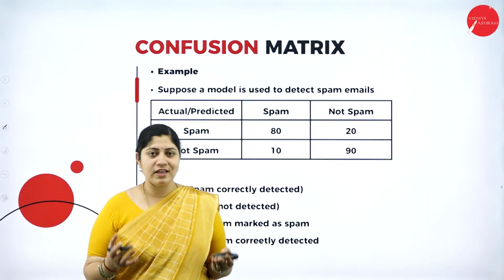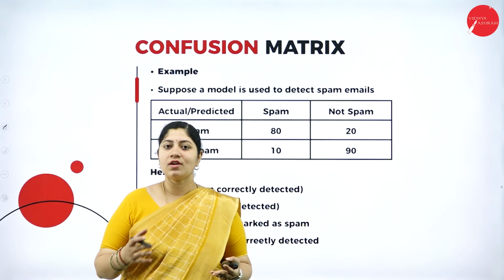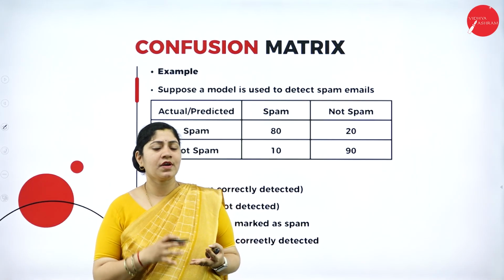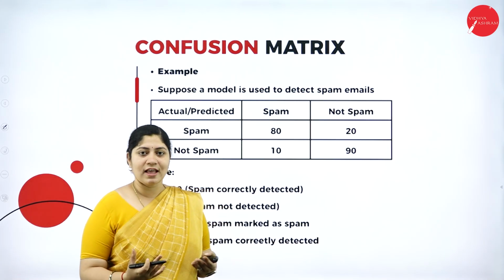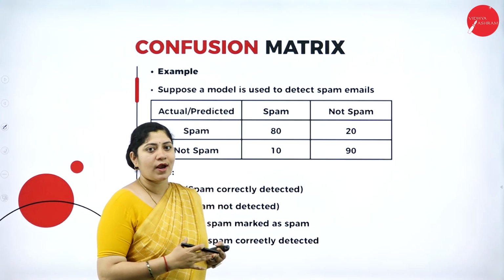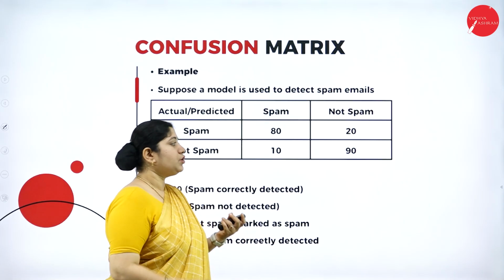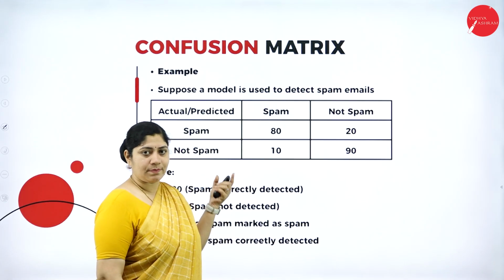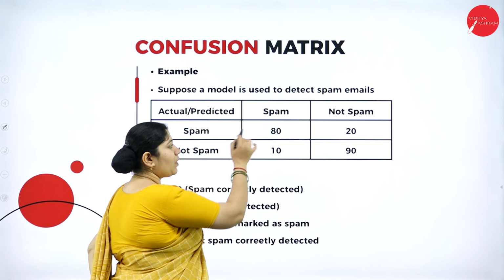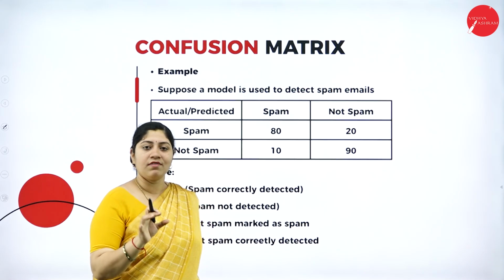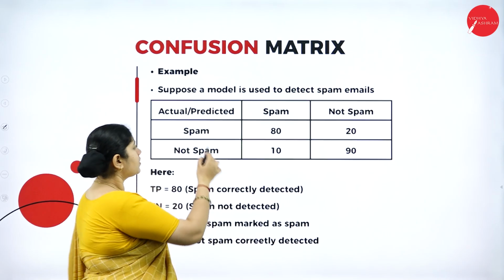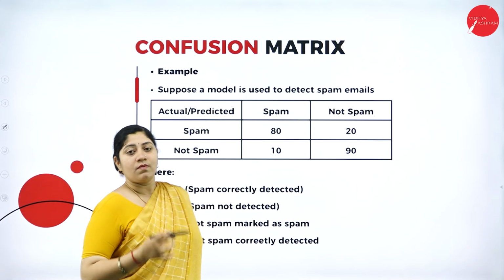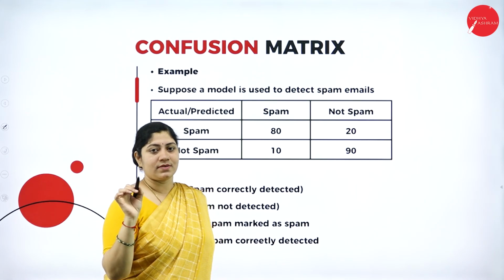Let's consider our email inboxes. In our inbox, definitely we will have spam mails and not spam mails, right? So let's see the classification of the confusion matrix with respect to these two categories, spam and not spam. Under spam, initially we have 80 mails, and under not spam we have 20 emails.